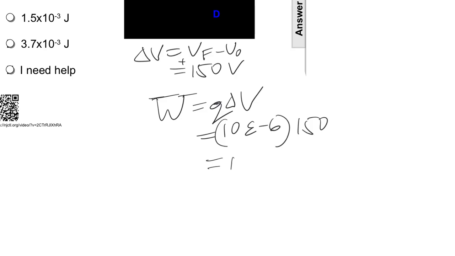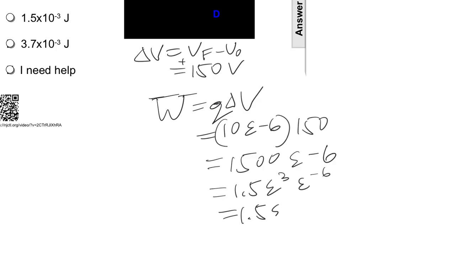So this comes out to 1500e to the negative 6, or 1.5e to the 3 e to the negative 6. You could use your calculator. 1.5e to the negative 3 joules.